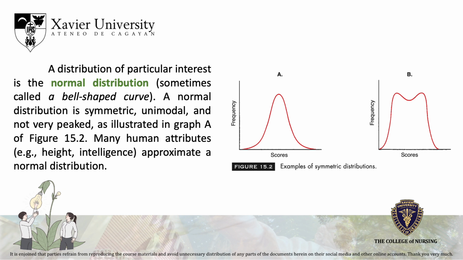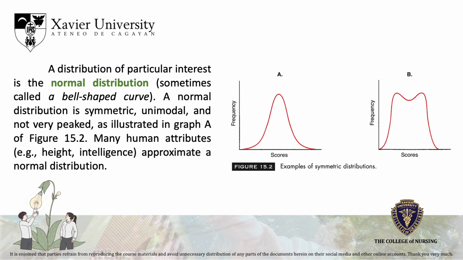Now, another aspect of a distribution's shape concerns how many peaks or high points it has. A unimodal distribution has one peak, as you can see from graph A of our Figure 15.2, whereas a multimodal distribution has two or more peaks, as you can see from graph B. So, two or more values of high frequency.